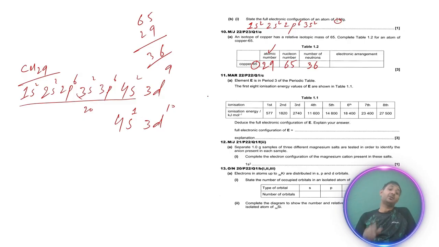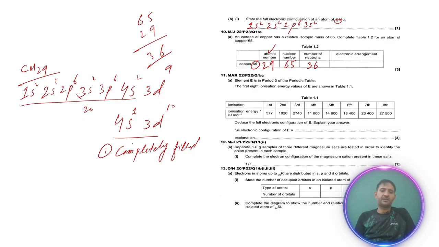Why? The criteria of stability are these two. The first thing is completely filled. For example, if you have 4s2 and 3d10, it is the highest stability. S can have a maximum of 2 electrons, D a maximum of 10 electrons, so they are completely filled.